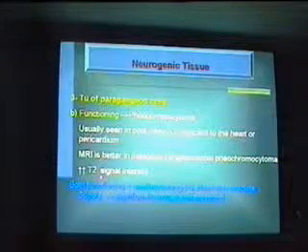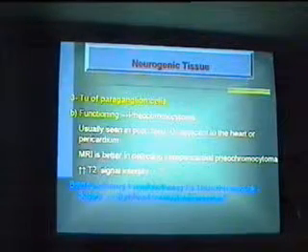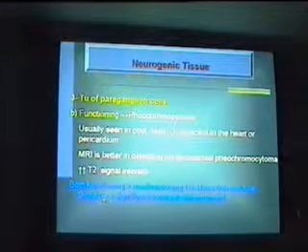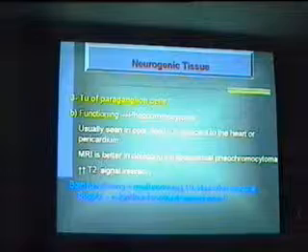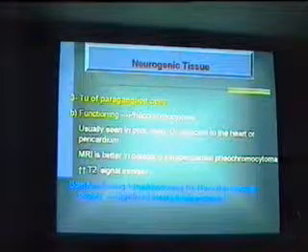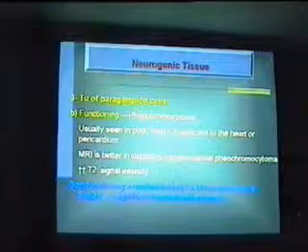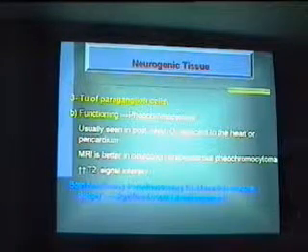Which has a high signal on T2 weighted images. Both functioning and non-functioning tumor have rich vascular supply because they are very vascular, and that's why they show significant contrast uptake. The functioning and the non-functioning، يعني الـ chemodectomas والـ pheochromocytoma.